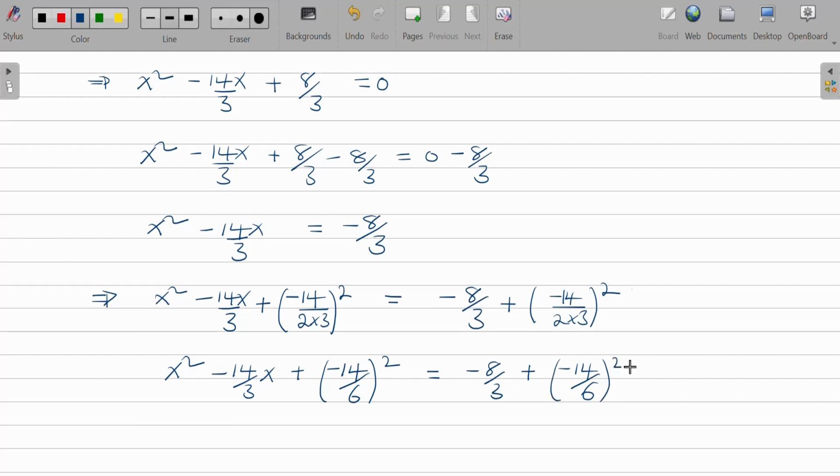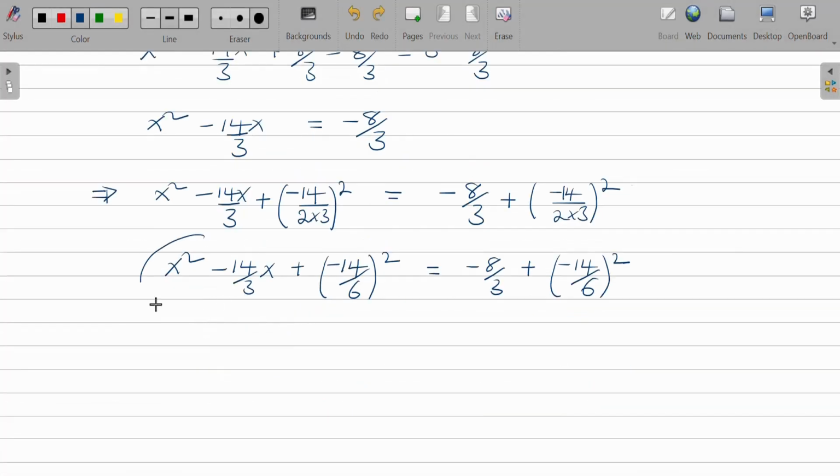Now on the left hand side, the whole of this is the same as x minus 14 divided by 6, the whole of it squared, equals negative 8 divided by 3 plus negative 14 squared, giving us 196 divided by 6 squared, which is 36.